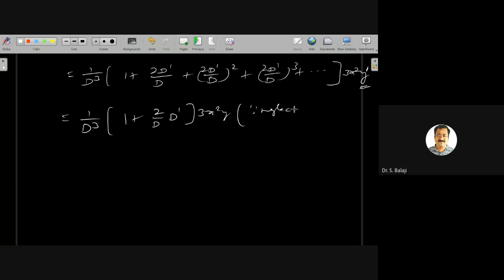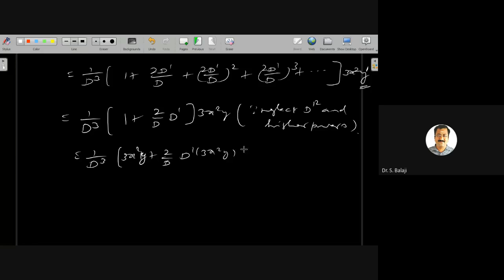Neglect d dash square and higher powers because that becomes 0.